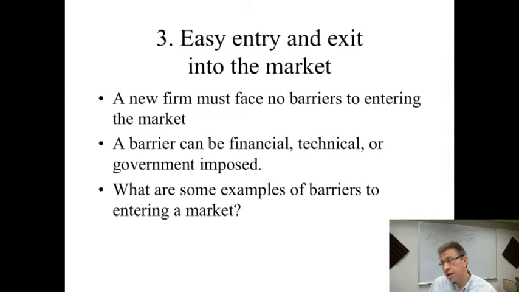Government imposed. Governments do impose a lot of barriers. Let's say that you thought, you know what, I'd like to start cutting people's hair, and you just do, right? You open up a room in your house and start cutting people's hair. You are breaking the law, right? Because you don't have a license.